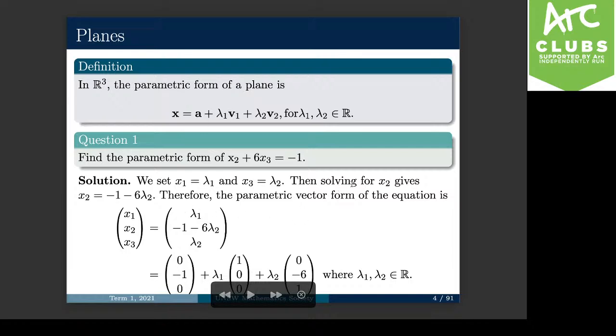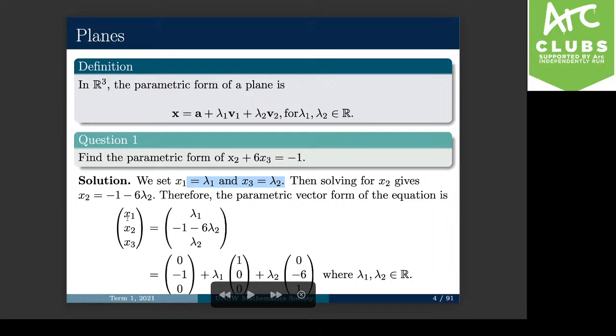So solving for x2 gives x2 in terms of lambda 2 as -1 minus 6 lambda 2. Now the vector form of x is just x1, x2, x3, and you plug in the components that we found in the first part.